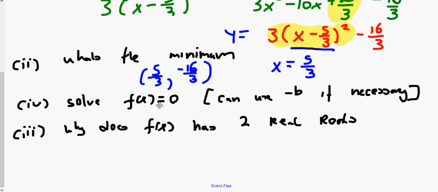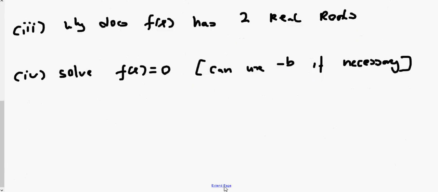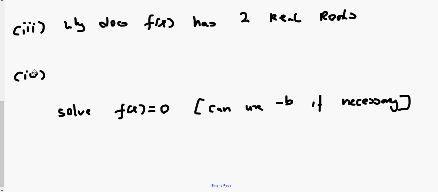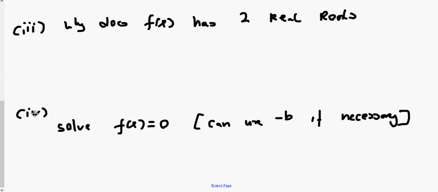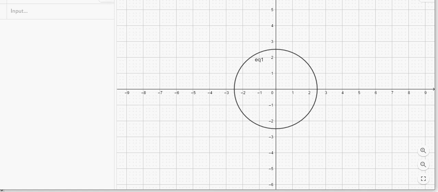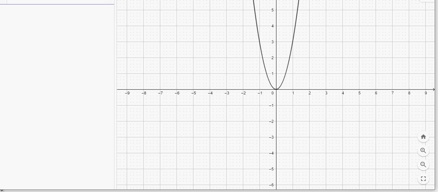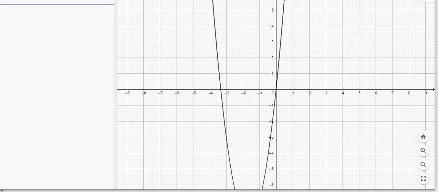That's part 3. This is part 4. All right. So the graph I gave you was, what's the name of the graph? Y equals 3x squared minus 10x plus 3.